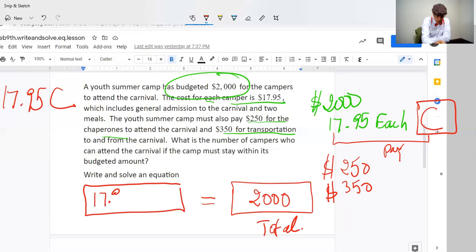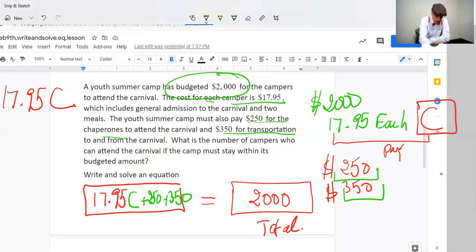This is gonna be used to figure out how much they are going to pay depending on how many campers. So they have to pay for this, and they also have to pay for this and this, okay? So we have to add them. They have to pay $250 more for the chaperones, and they're gonna have to pay $350 for the bus.